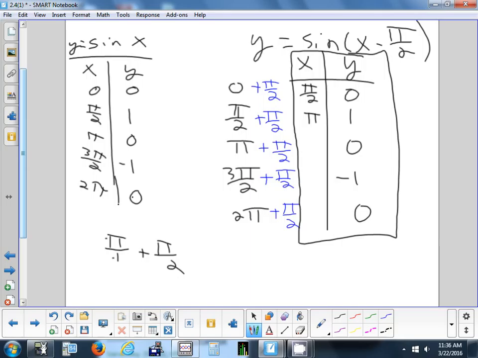So how do you change 1 into 2? What do you multiply it by? 2. So if you multiply the bottom by 2, what else do you have to do? Multiply the top by 2. 2 pi over 2 plus 1 pi over 2. What's that?